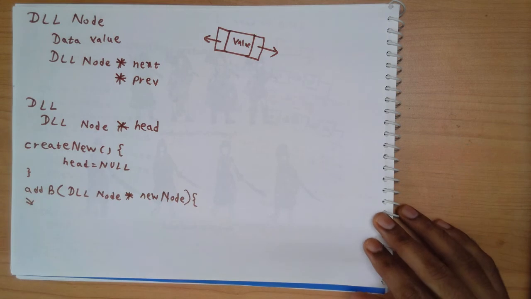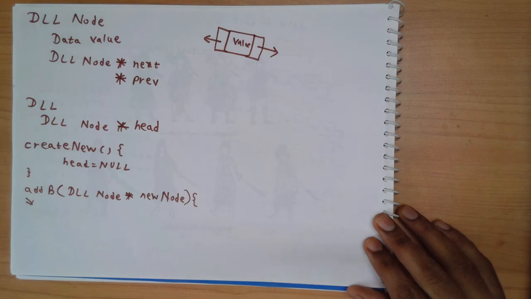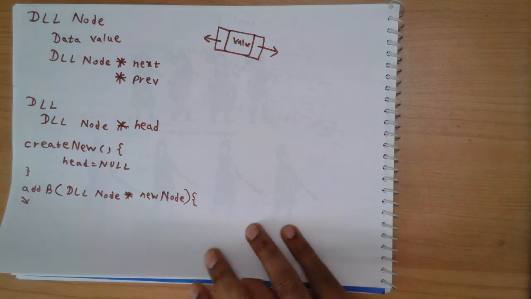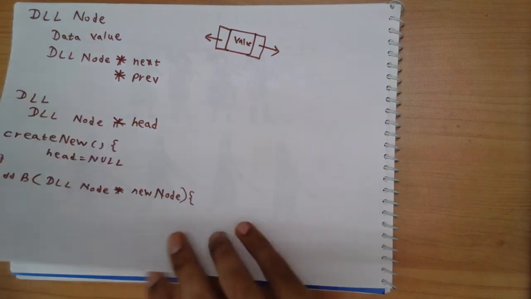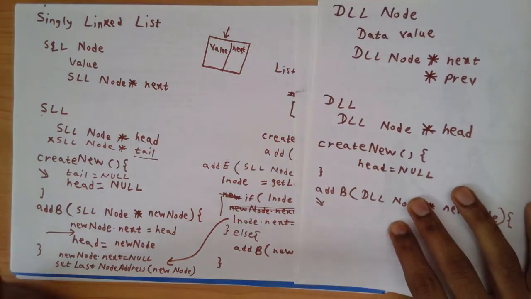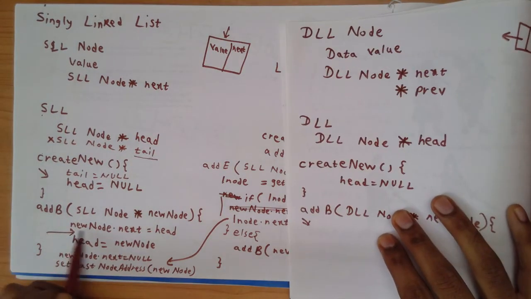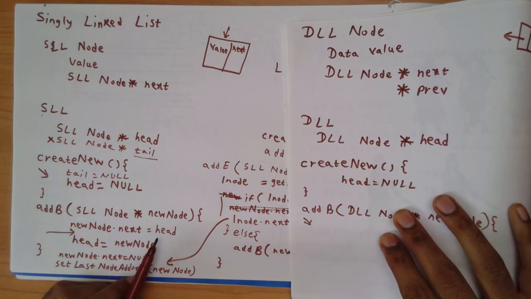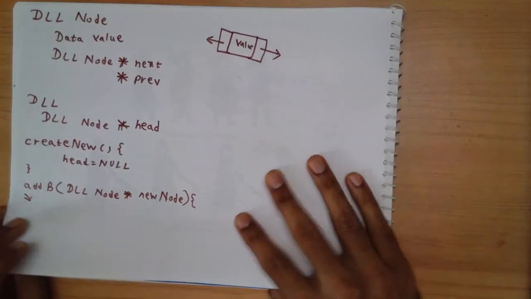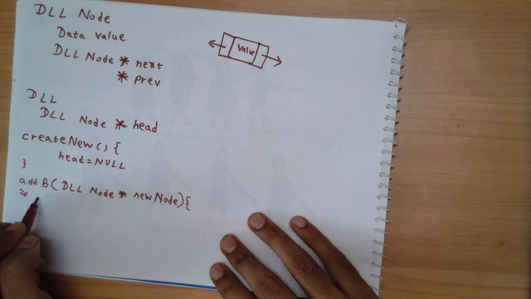We should first ask the question, what is the next pointer of our head node? For example, if our list is empty, then our head will be null, right? Look back at what we did: we said that new node dot next was going to be head. We'll do the same thing here, but let's just add a case if the list is empty.